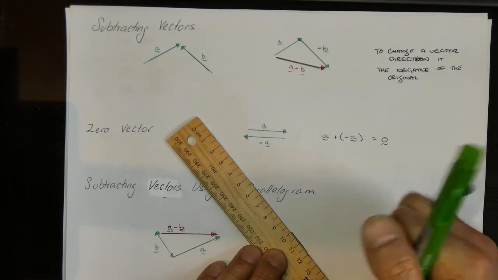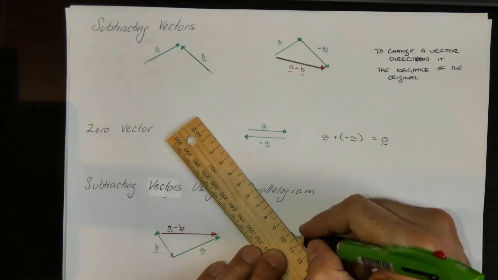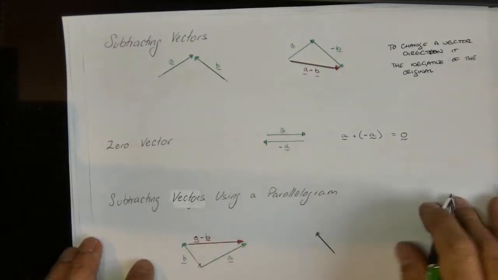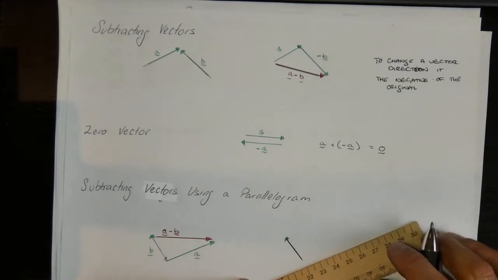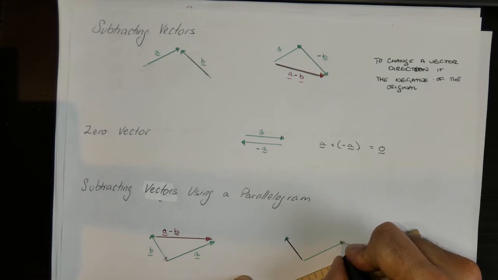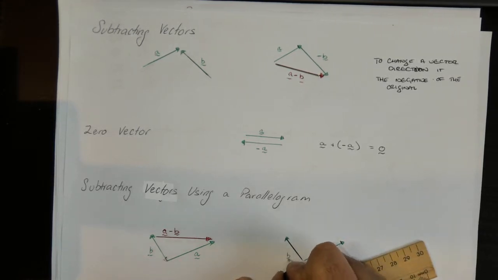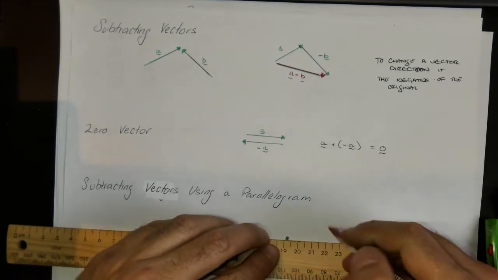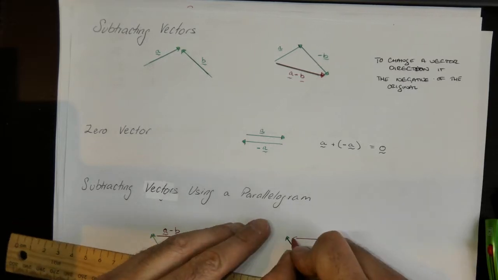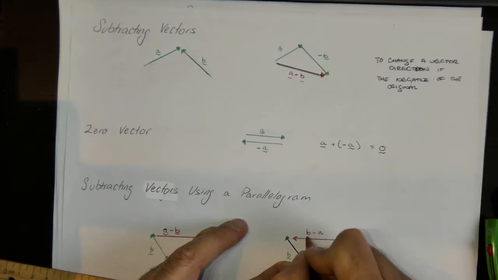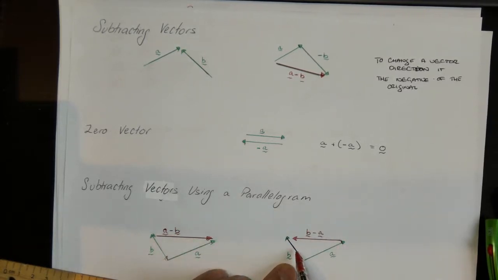So if I flipped it, so that the arrowhead was facing there, I would get B minus A, minus A plus B. Okay.